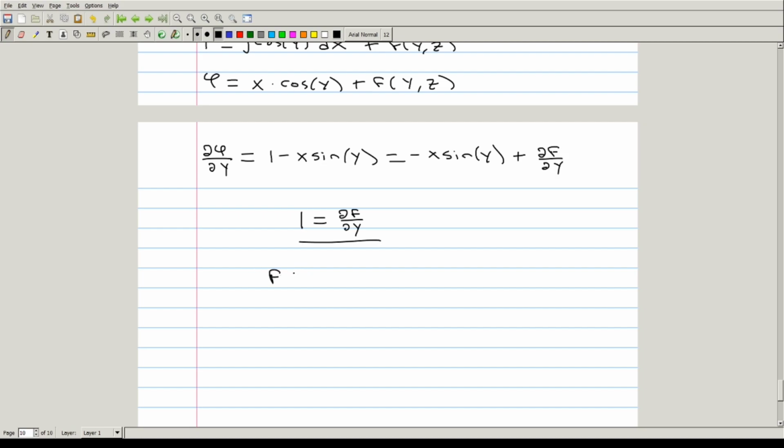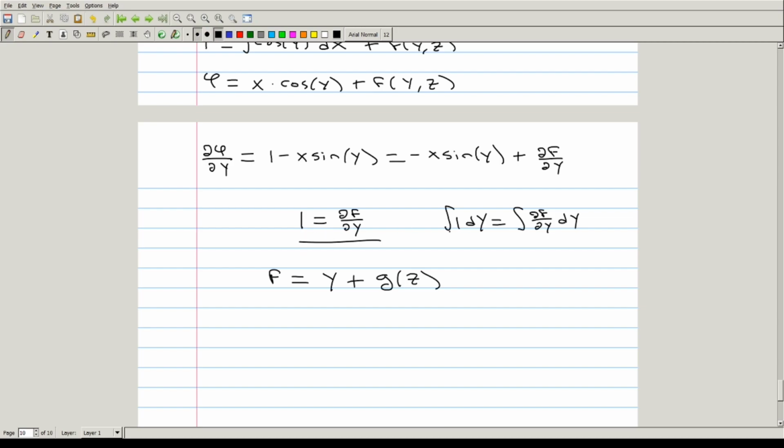f itself has to be equal to y plus some general function g of z. Because if you take the antiderivative of both sides of this expression with respect to y, you get the antiderivative of the partial derivative of f with respect to y dy.